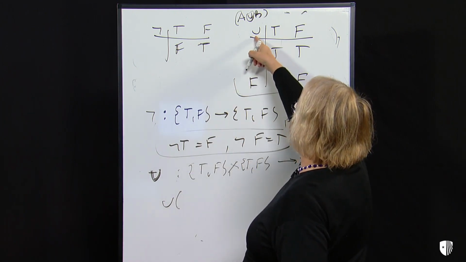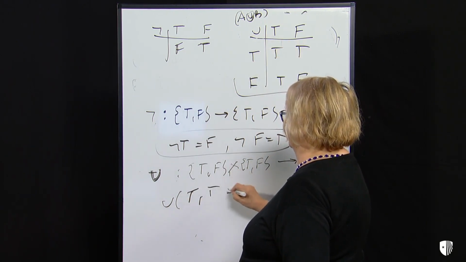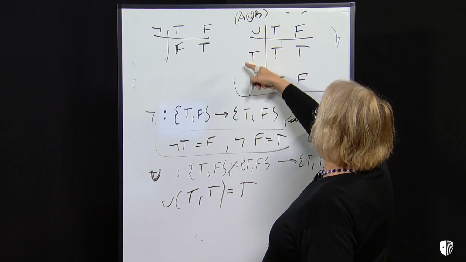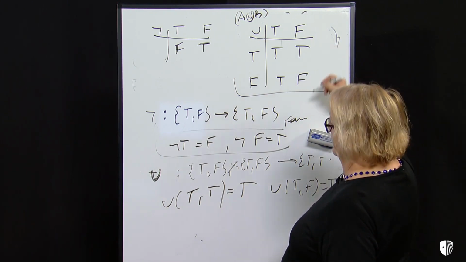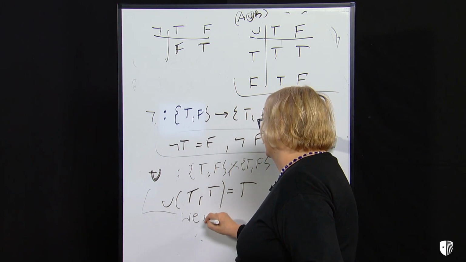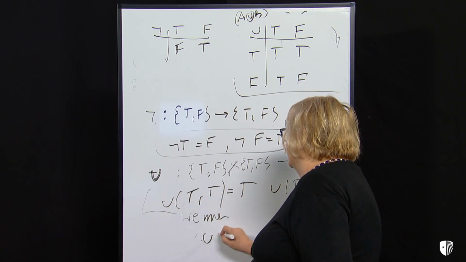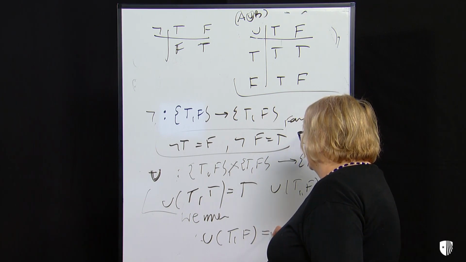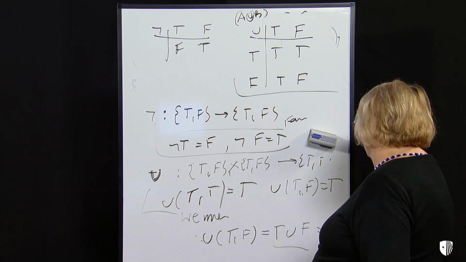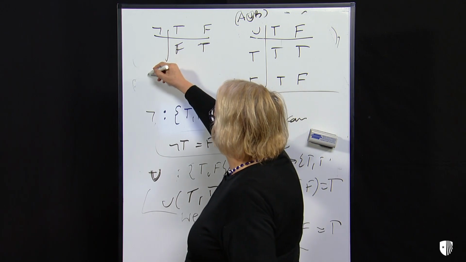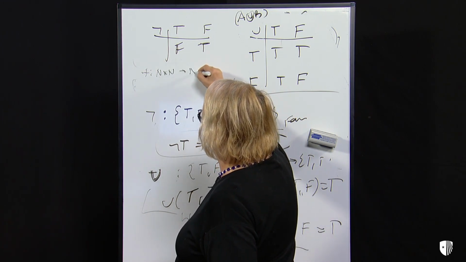So it's a two-argument function. You read it as: disjunction of t and t equals t, disjunction of t and f equals t, etc. And as with any function, we write the disjunction in between the arguments, in the same way that addition is a function from natural numbers into natural numbers.